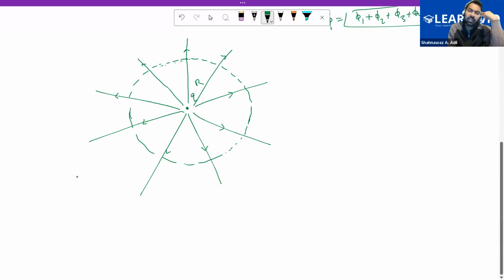Now, if we take a small area in this part, ds, this would be in the same direction as r, right? So phi would be E dot ds, and this is a closed surface, so this would be a closed integral, right?